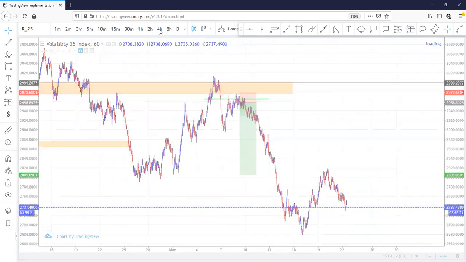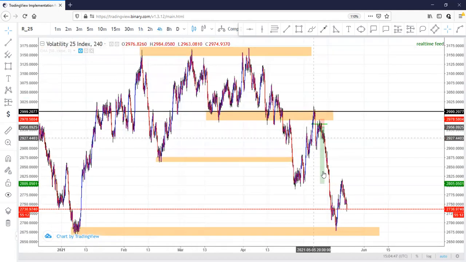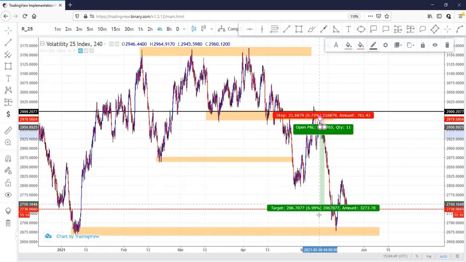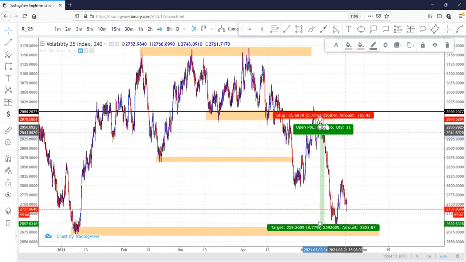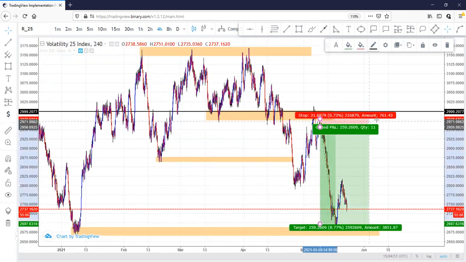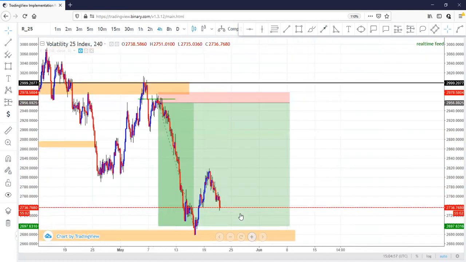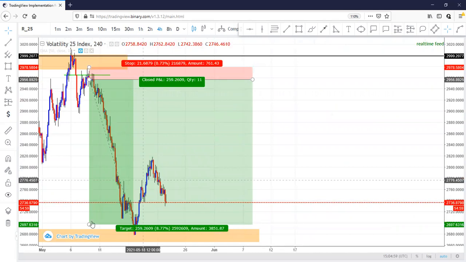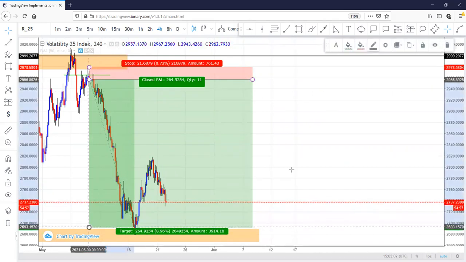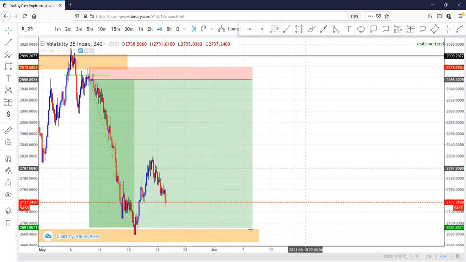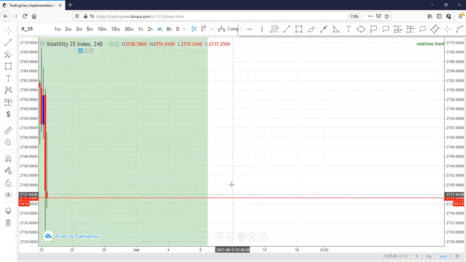Let me set it on the 4 hours. The highest time frame is the one that gives me the good take profit. Here it is, there. Now look at that, very sweet, and very easy. Price action is very easy.